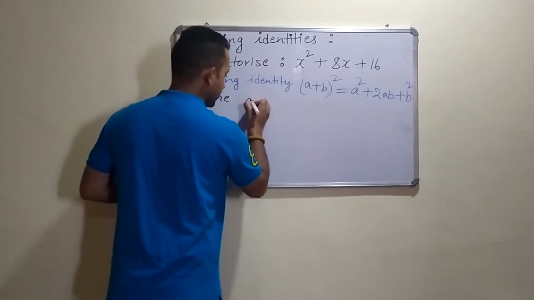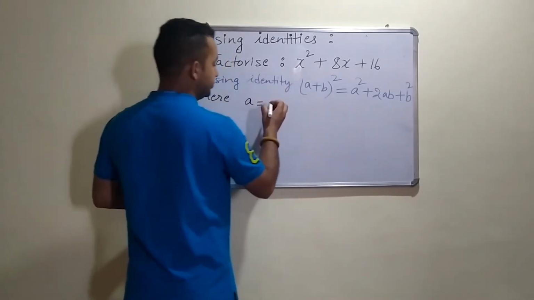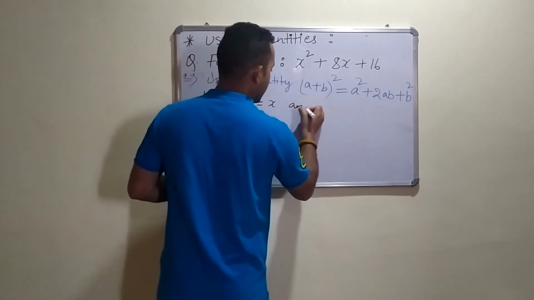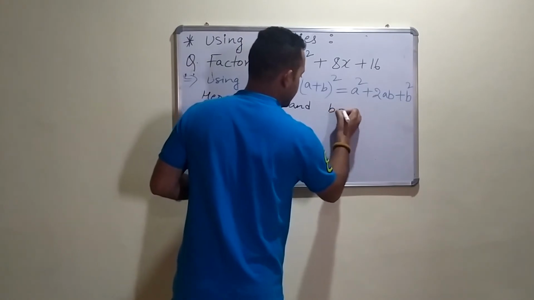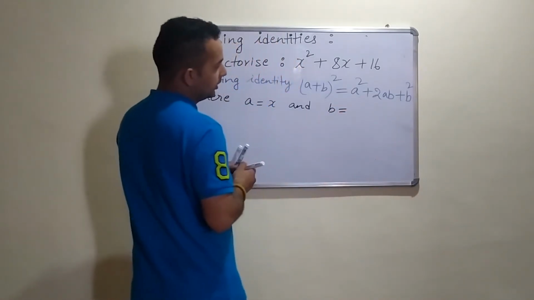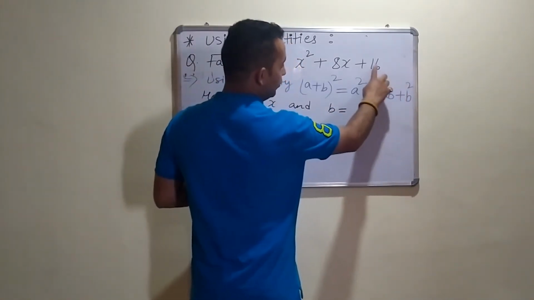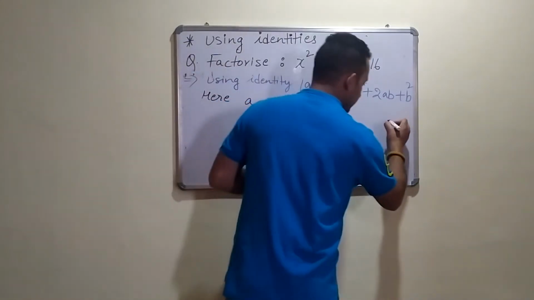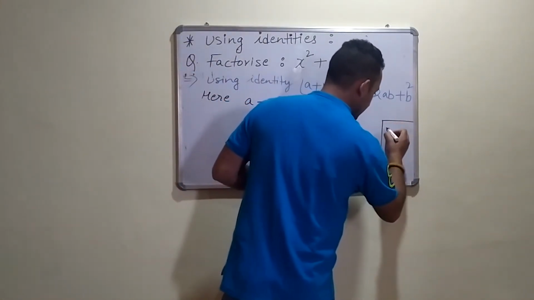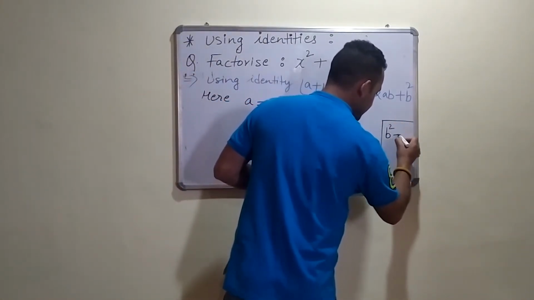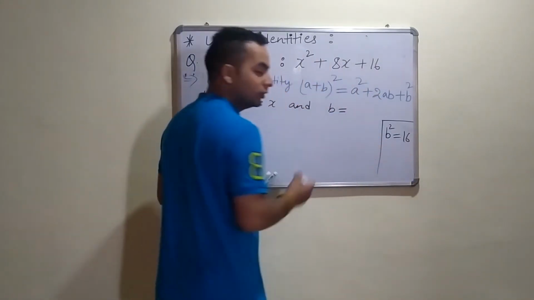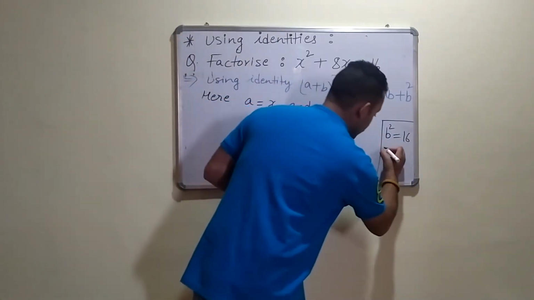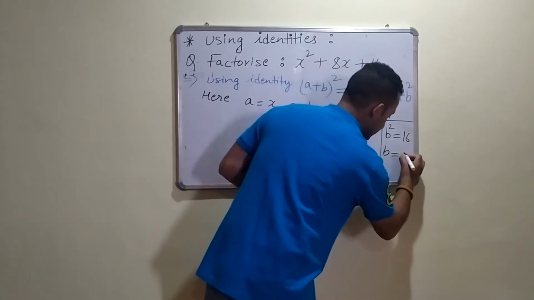Here a is equal to x, and in place of b square you have 16, right? You are going to find out b. So b square is 16.